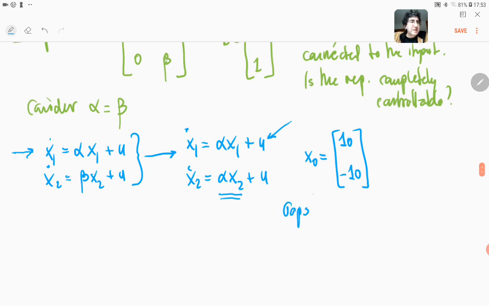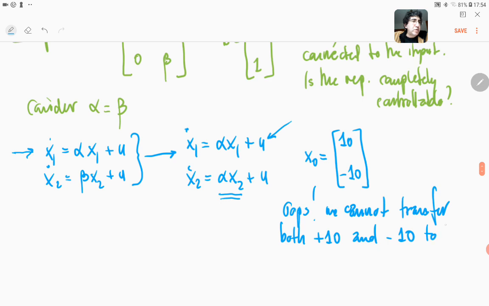So you see that in this example, with this particular initial state, we cannot transfer both plus 10 and minus 10 to 0 at the same time, meaning by the same input.